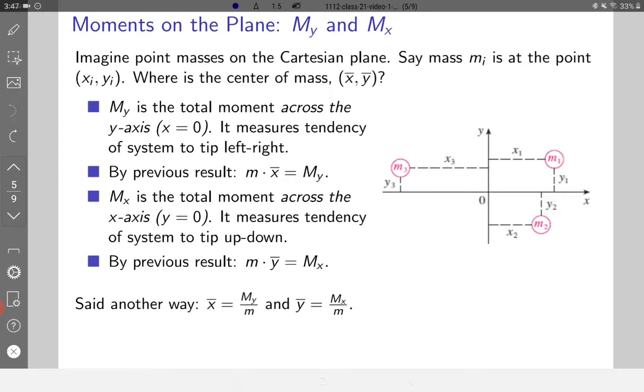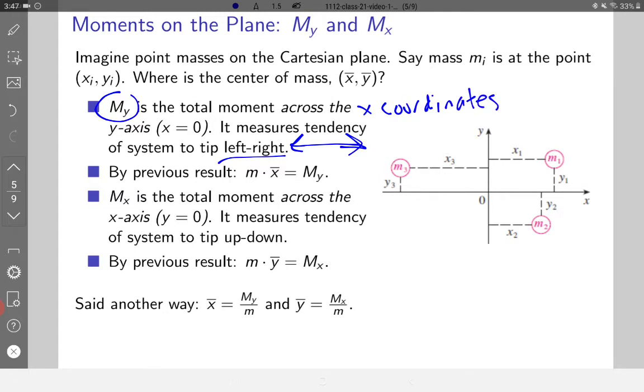So we're going to use, now bear with me because this notation may seem backwards momentarily, but it will make sense in retrospect soon, we're going to use m sub y to mean the left-right x direction tendency, the tippiness of the system. So why am I using y if I'm talking about x coordinates, if I'm talking about horizontalness, if I'm talking about left-right tippiness?